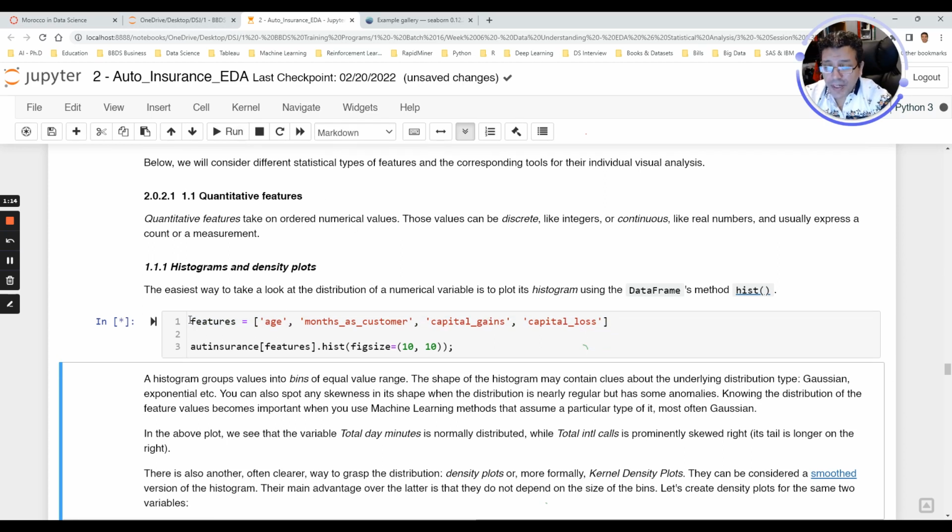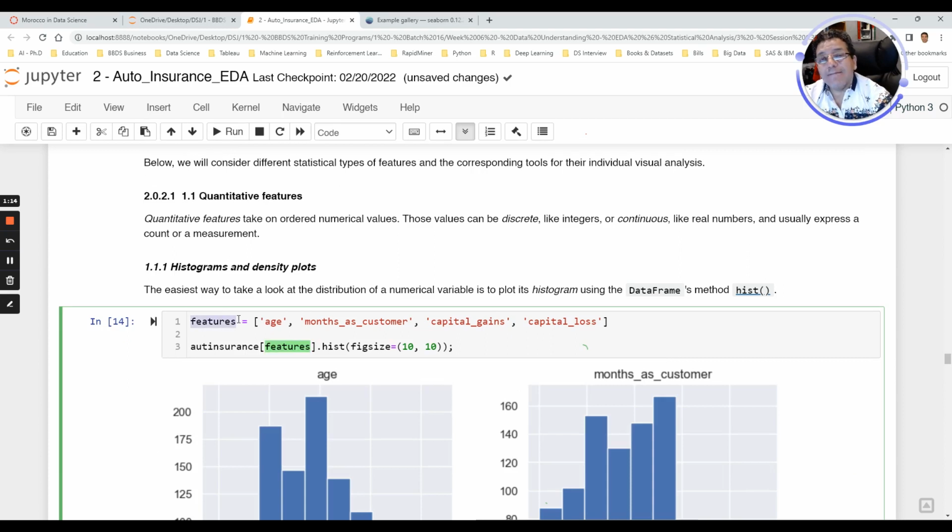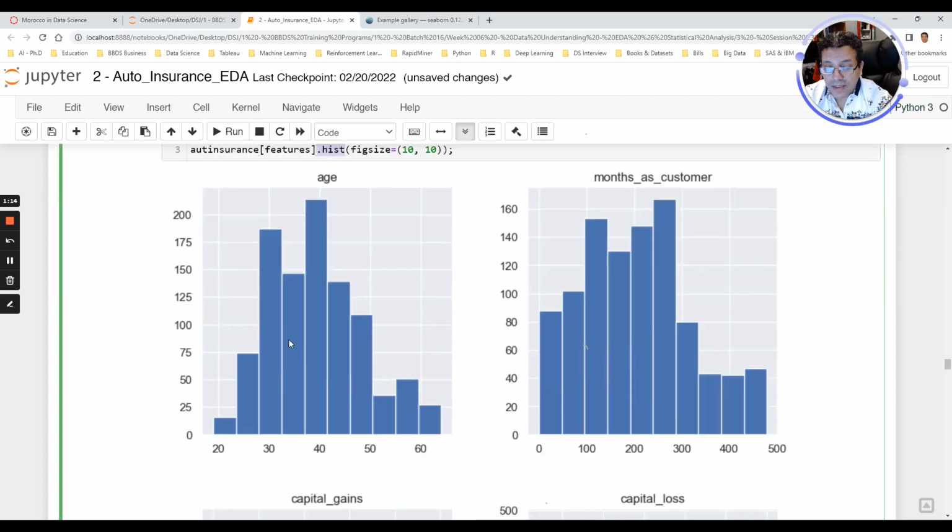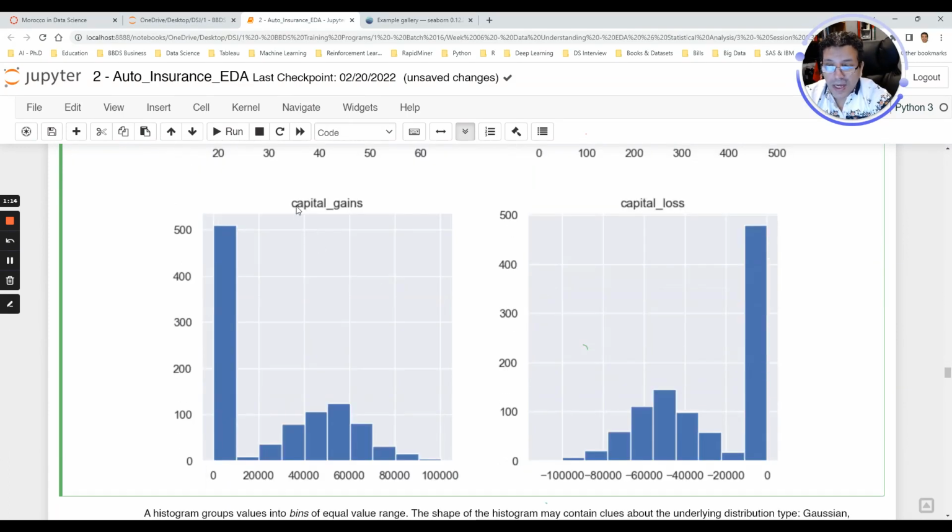So I created a subset of the data, and in that subset I simply passed some numerical data, and I built a histogram on this subset. We got age, month as a customer, capital gain and capital loss. As you see, with capital gain and capital loss, we have some serious problems.